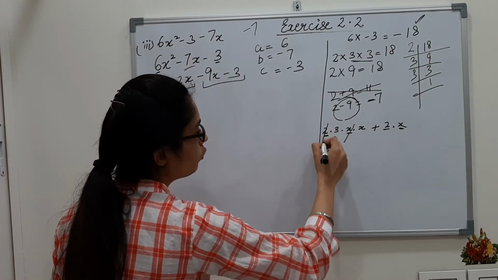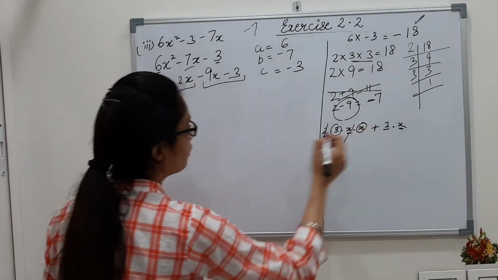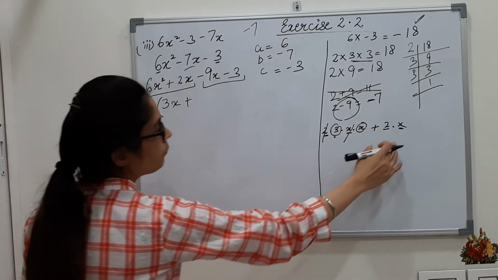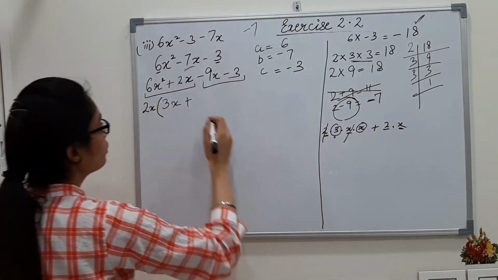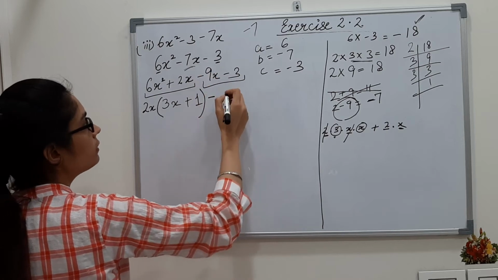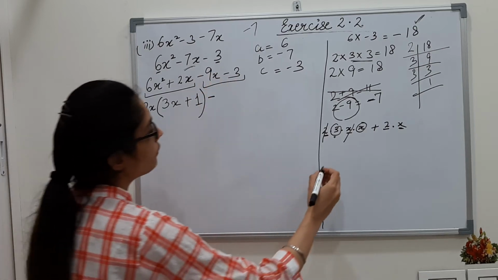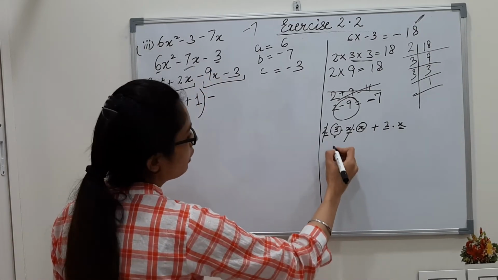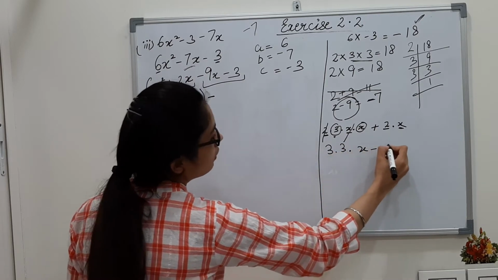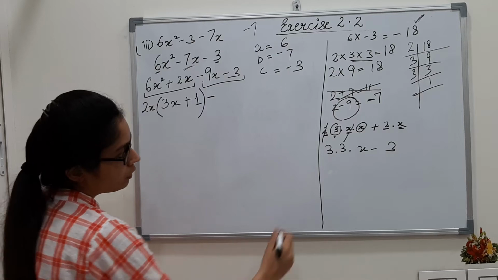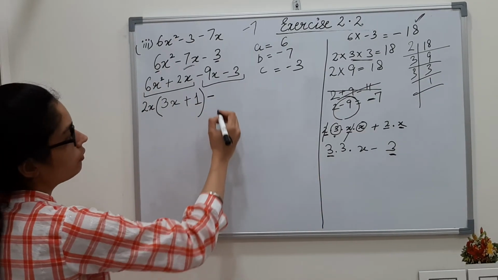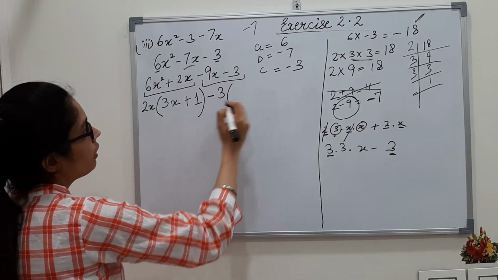Here x and 2 we have used, so 3 and x is left, plus here 2x full we have taken out, so only 1. So minus as it is. This also we will write in a simpler way. 9 is 3 into 3 into x. 3 we can write as it is. So we can see 3 is coming in both. So we will take 3 common.